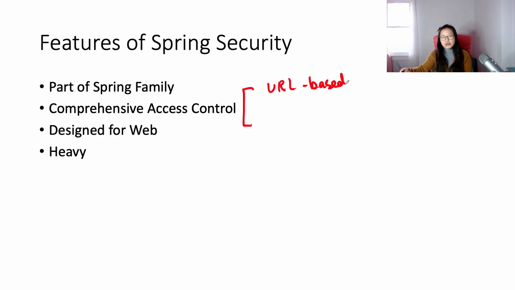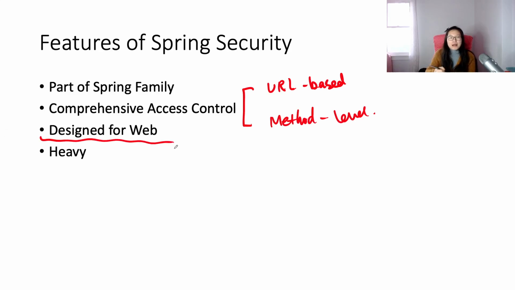Only a logged-in user can access this URL. It also has method-level authorization, which means you can use the annotations @Secured, @PreAuthorize or @PostAuthorize to check whether the user has the right role in order to access this service method, repository method, or controller method.